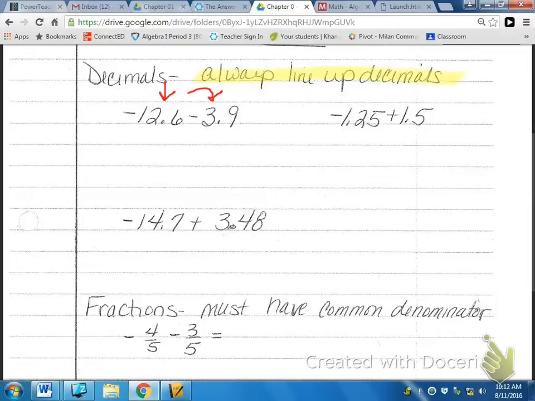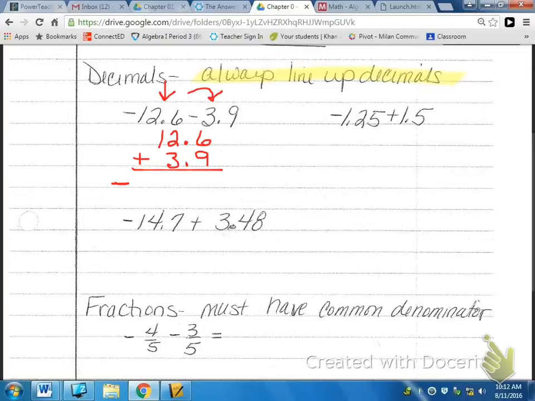What should I really do with those two numbers to get my correct answer? Ben? Add. So you take 12.6 plus 3.9, and you just need to be aware at the end, my answer will be negative.